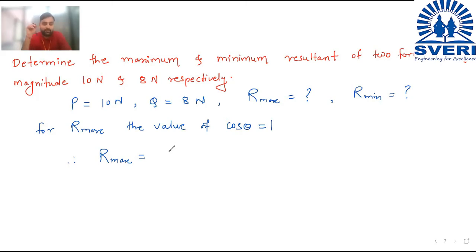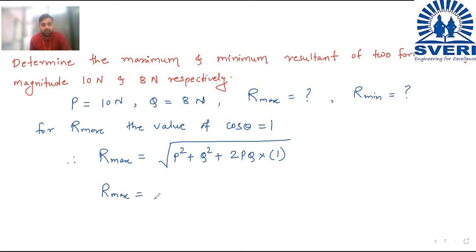But if it is asked in an MCQ, you can do it directly. So R max is equal to under root P square plus Q square plus 2PQ into, instead of cos theta, I will write multiply by 1.